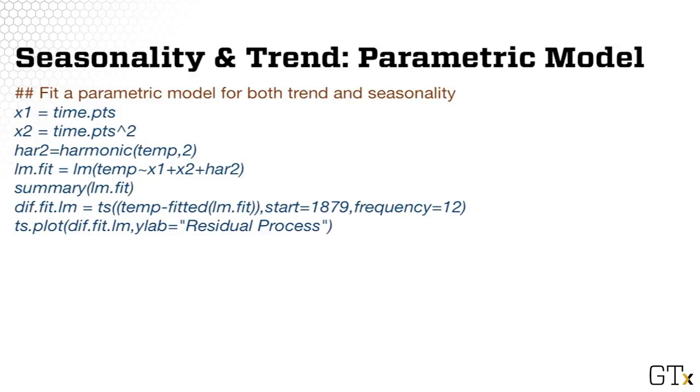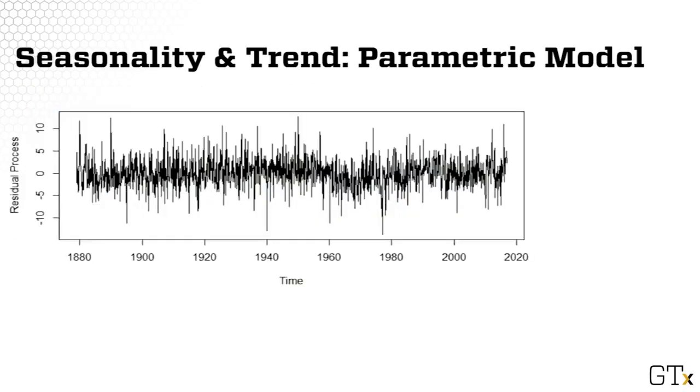Here we'll only plot the residuals obtained after removing the trend and seasonality, specifically subtracting from the time series the fitted values of the linear model. The time series plot of the residual process is here. In a different lecture, we'll study ways to evaluate whether such process is stationary, in other words, whether the trend and seasonality components have been removed.